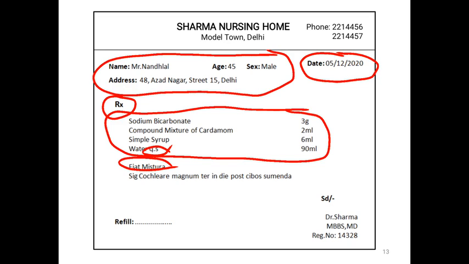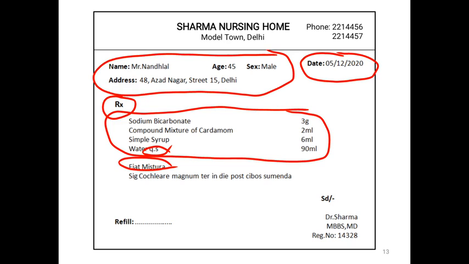Cochlear magnum means 1 tablespoon, ter indite 3 times in a day, post cibos sumenda, after food or meal, that is take 1 tablespoon 3 times in a day after food or meal.